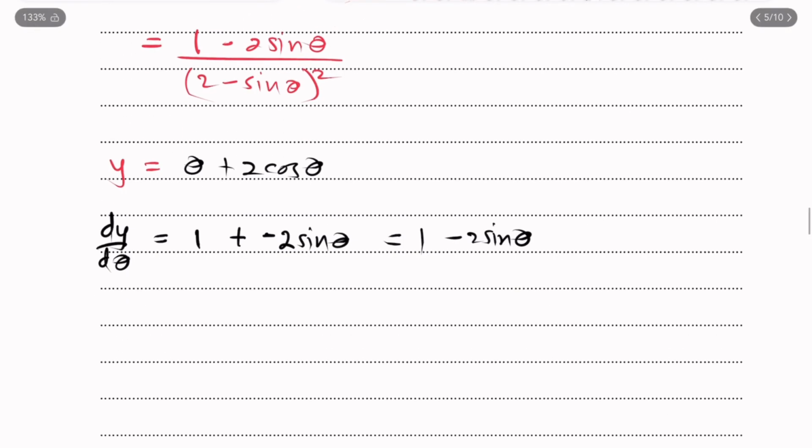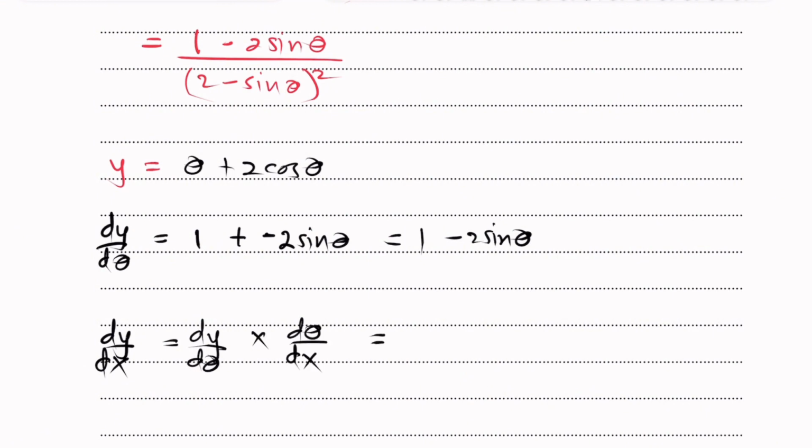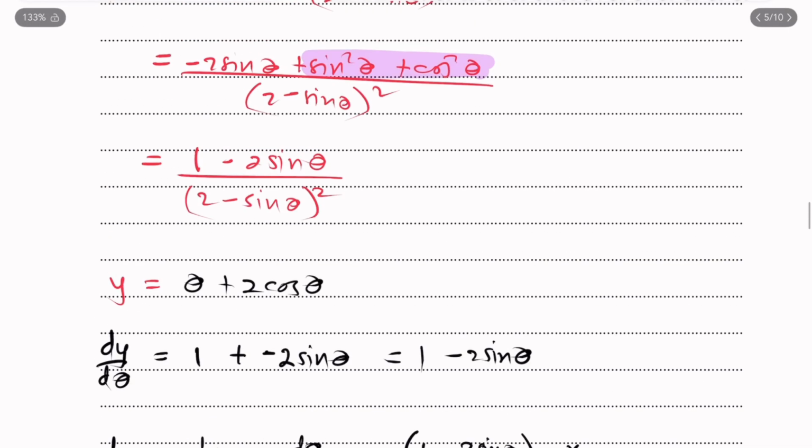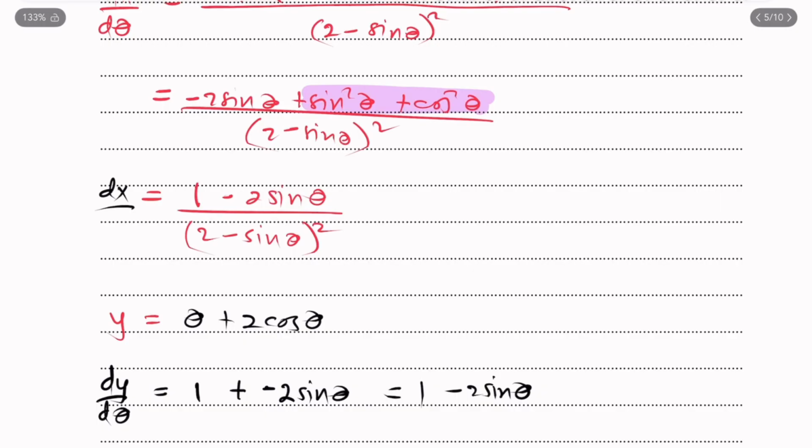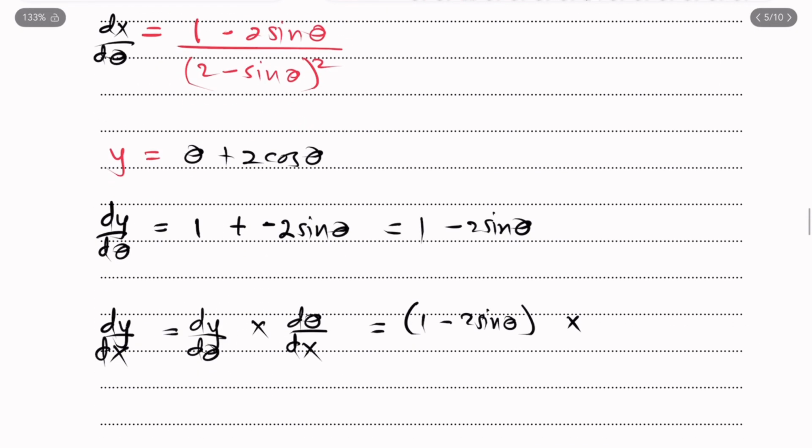And now we are going to set up our dy dx. So dy dx is going to be dy d theta times d theta dx. So what is our dy d theta? It is 1 minus 2 sine this times our d theta dx. Remember, this is dx d theta. So now d theta dx will flip.